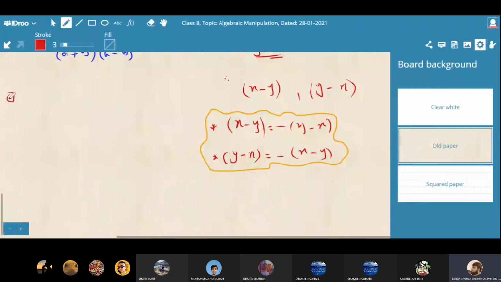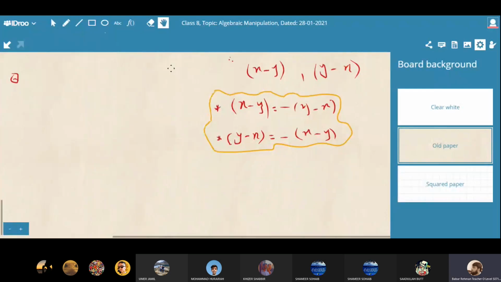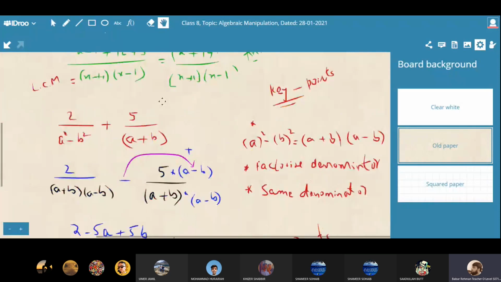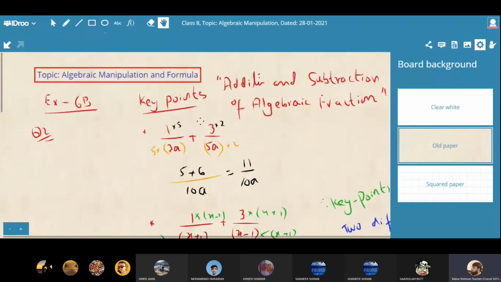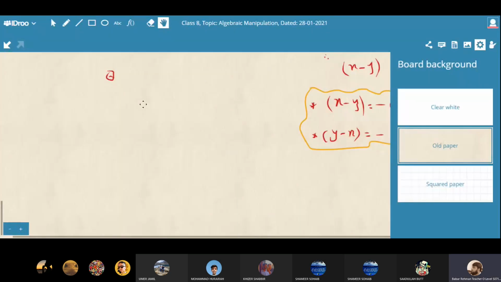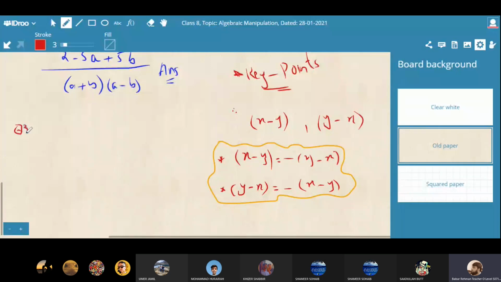The previous concepts belong to question number 2. By doing these concepts, you will be able to do question number 2, and for question number 3, these key points will be followed. Let me do one question for you, that is 3a part.